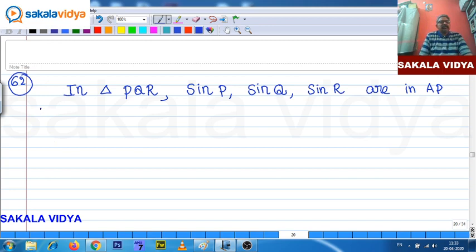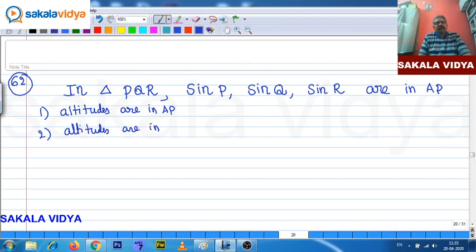First option: altitudes are in AP. Second: altitudes are in harmonic progression.